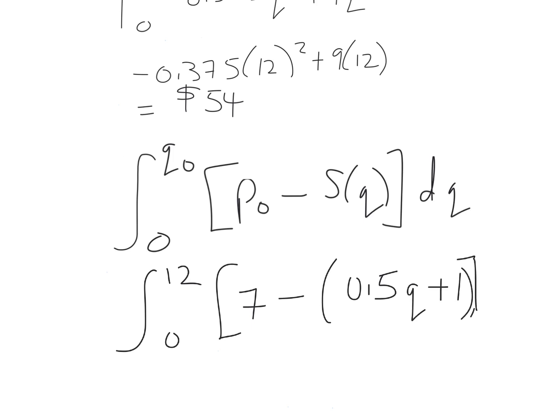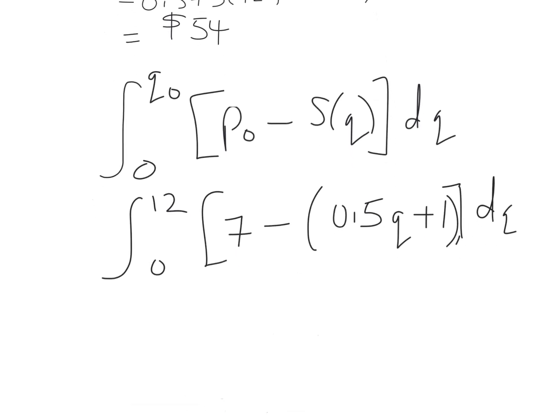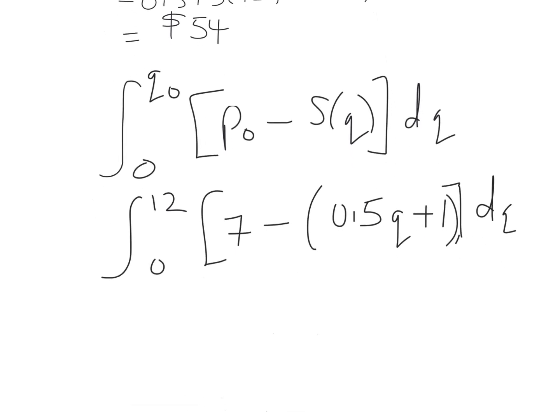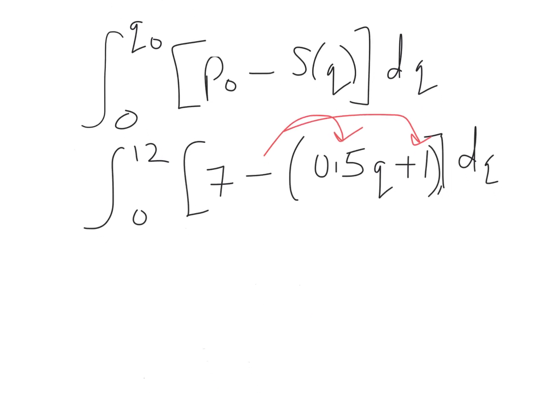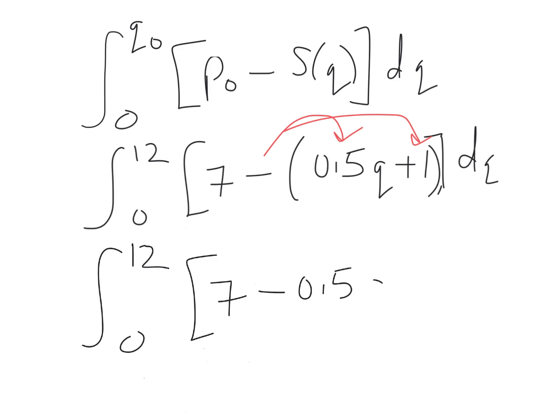Okay, so remember, this is where things can go sideways. We have to apply that negative sign over both terms in the bracket, right? So we have 7 minus 0.5Q minus 1.